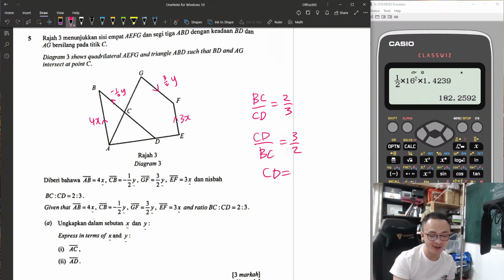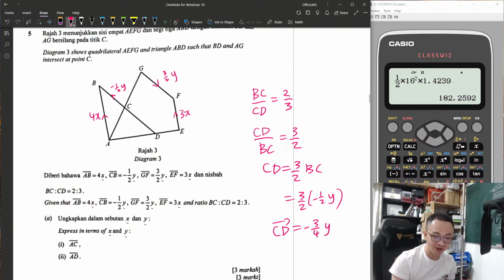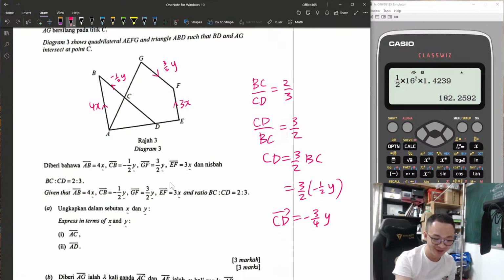Then CD is equal to 3 over 2 of BC. Then I can insert my BC, negative 1 over 2y. So it's negative 3 over 4y for my CD. Okay, I got the CD really fast, which is negative 3 over 4y.